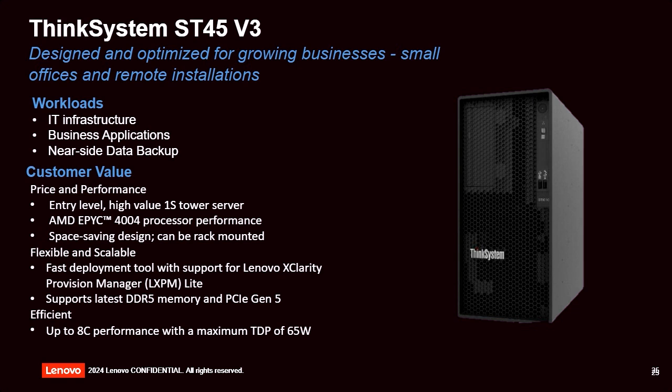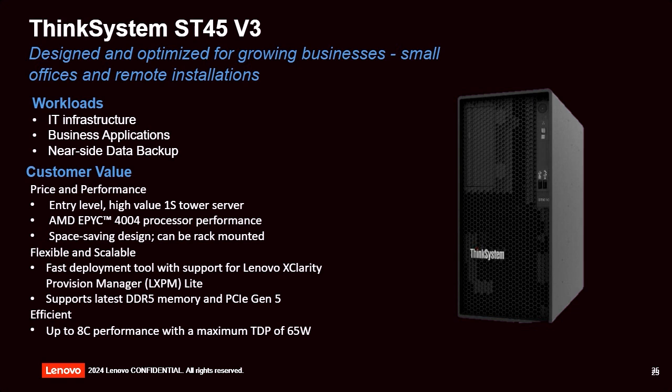But this is going to be the equivalent of the ST50, but scaled down a little bit as an entry type of tower server. And you can see we are using those 4004 processors. I believe that we are scaling up to 12 cores on those, at least the 65-watt CPUs out there. So we don't have as much of the full XClarity, but we have LXPM Lite is what we call that.